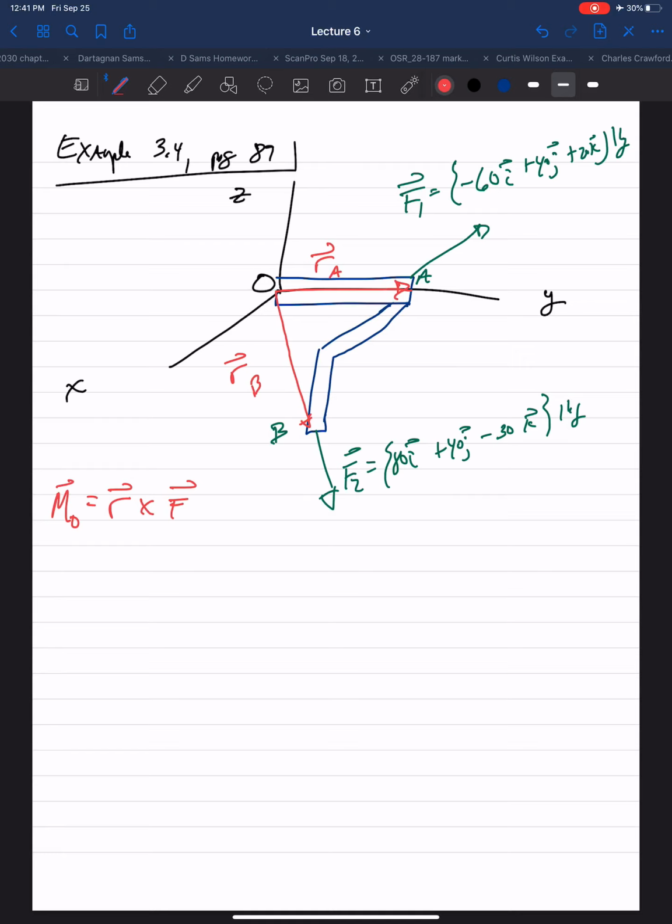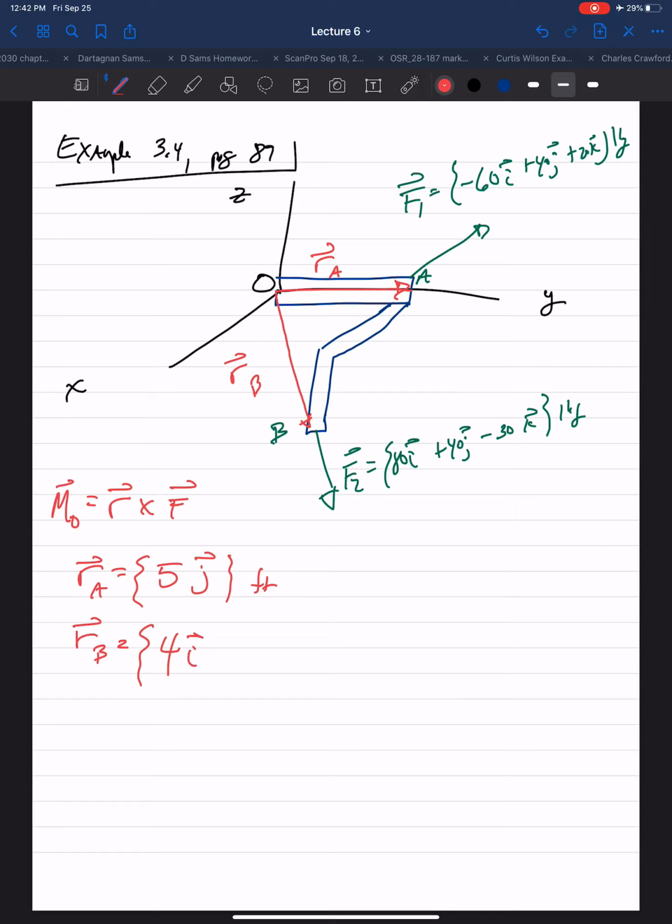So for RA, that is straight on the y-axis at a distance of 5 feet. So it's just unit vector J, so 5J feet. For RB, to get from the origin to point B, you have to come in the positive x direction, a value of 4.